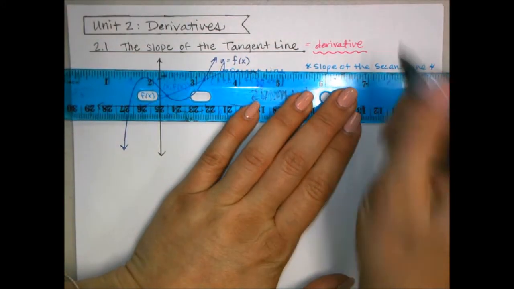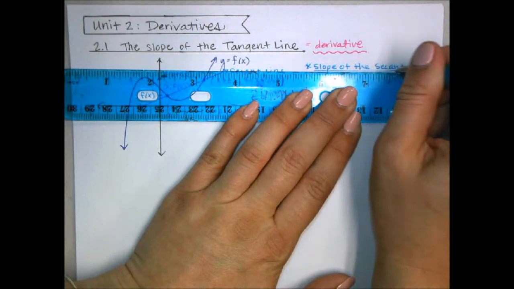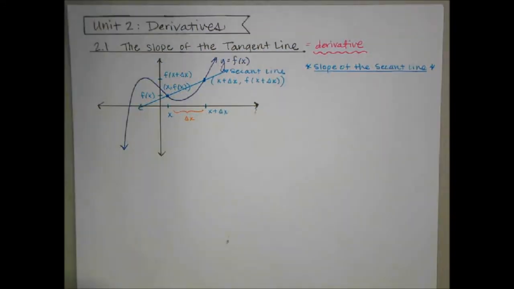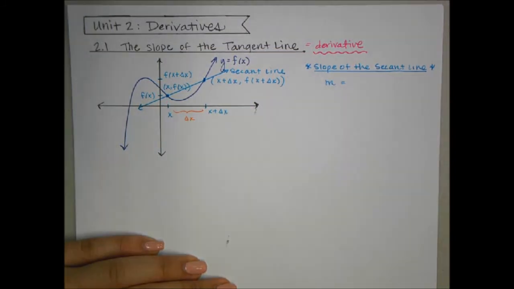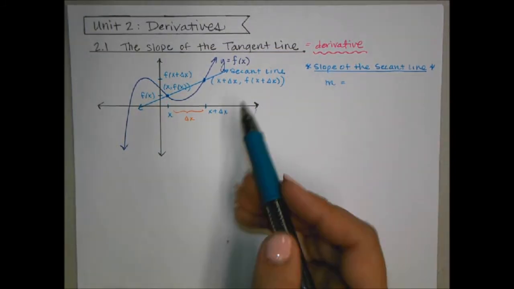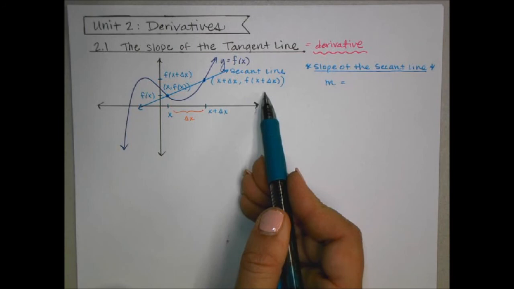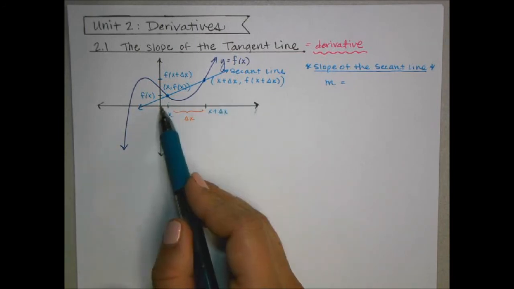So how do we calculate slope? Our slope formula is just the difference of the y's over the difference of the x's. So I'm going to take my points here, and we're going to do the difference of the y values over the difference of the x values.